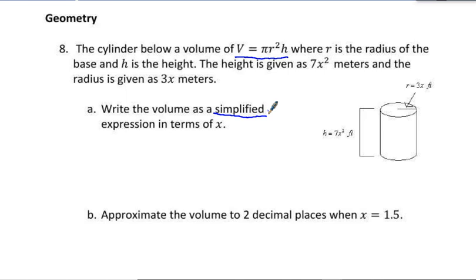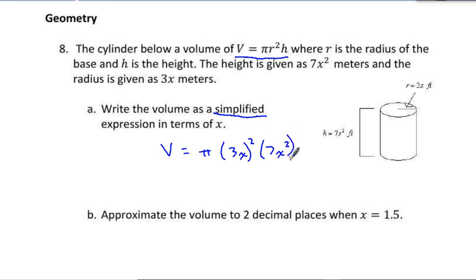Please remember to simplify so that you can get full credit on your quizzes and tests. Volume is what we're looking for, equals pi times the radius squared, and the radius was given as 3x, squared, times the height, which was given as 7x squared.